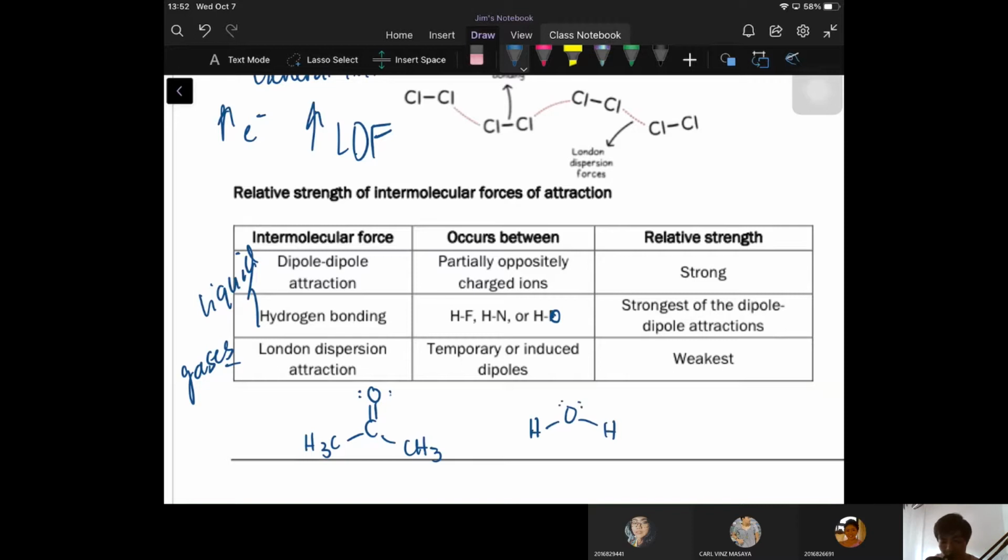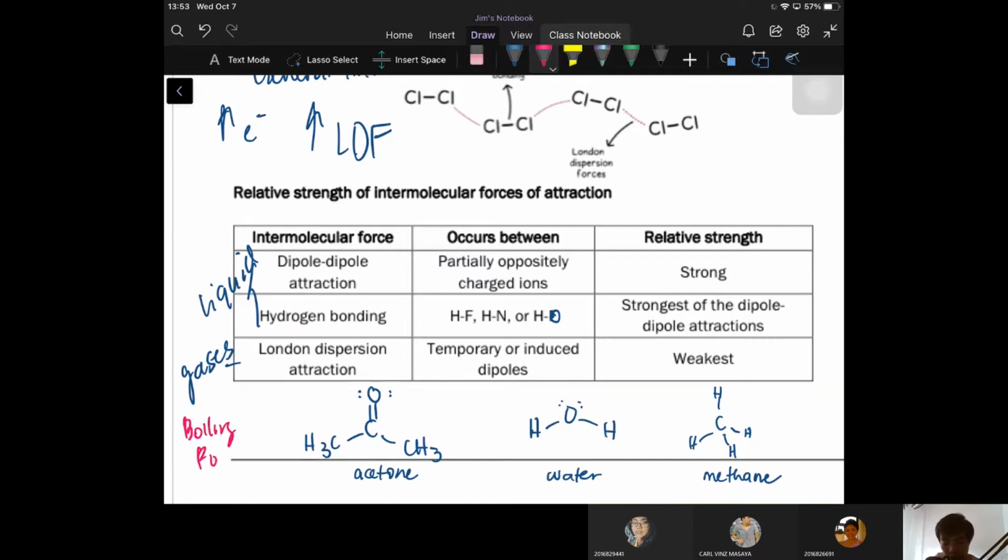Sana alam nyo pa yung Lewis structures. Ano pa yung isa? Methane. Trigonal planar. Trigonal pyramidal. Ayan. We have acetone, water, and methane. Okay. So, ito yung boiling point nila.